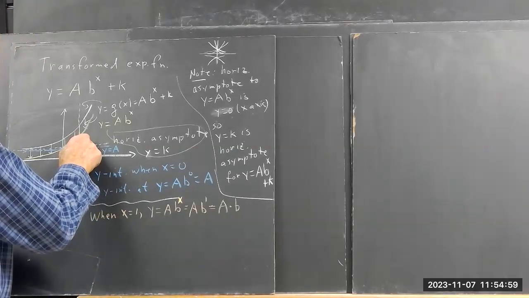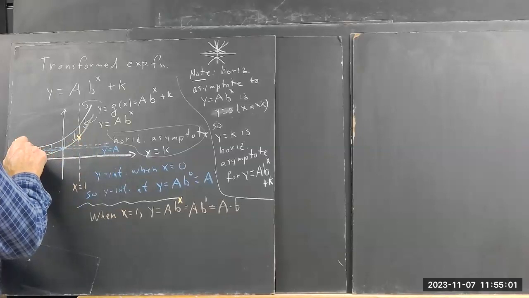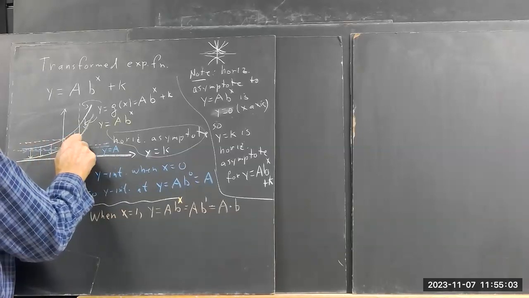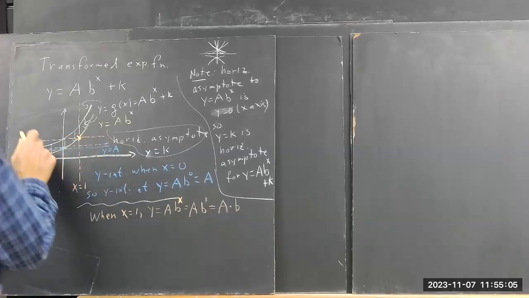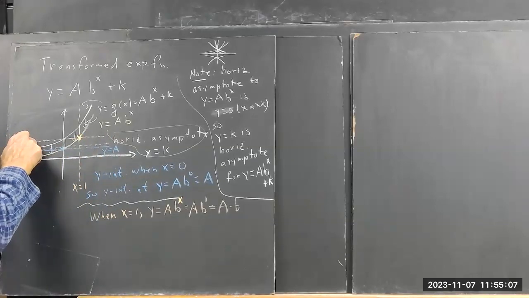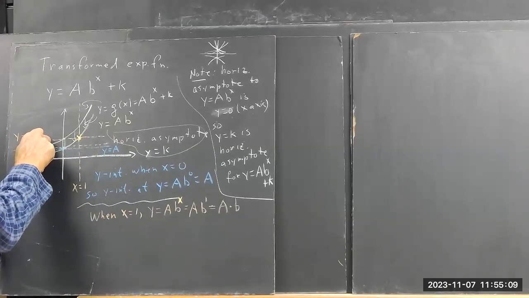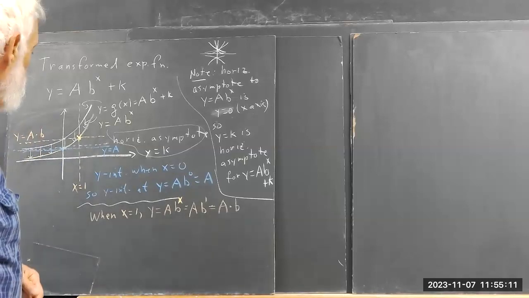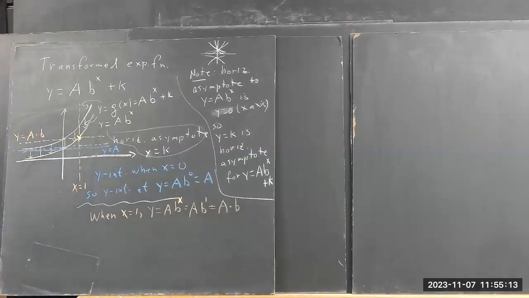So in terms of the graph, we have this line here where y equals a times b. Now, if this is the correct graph, how big is a?